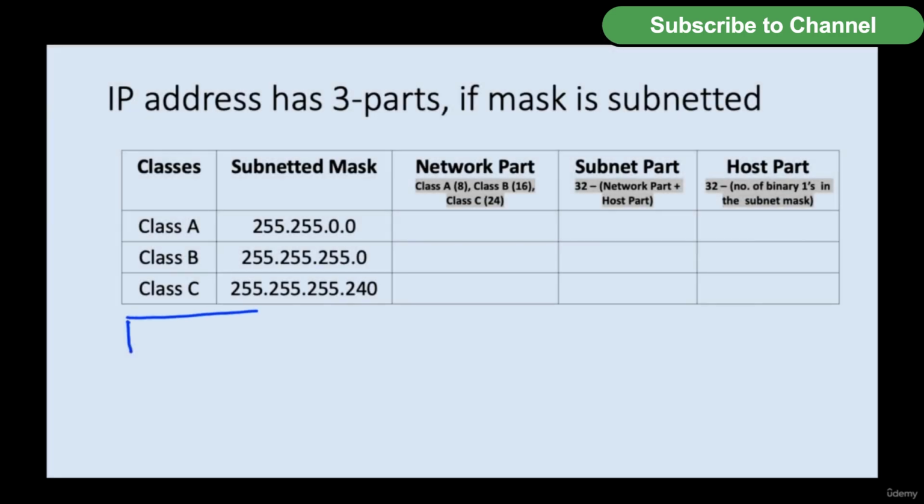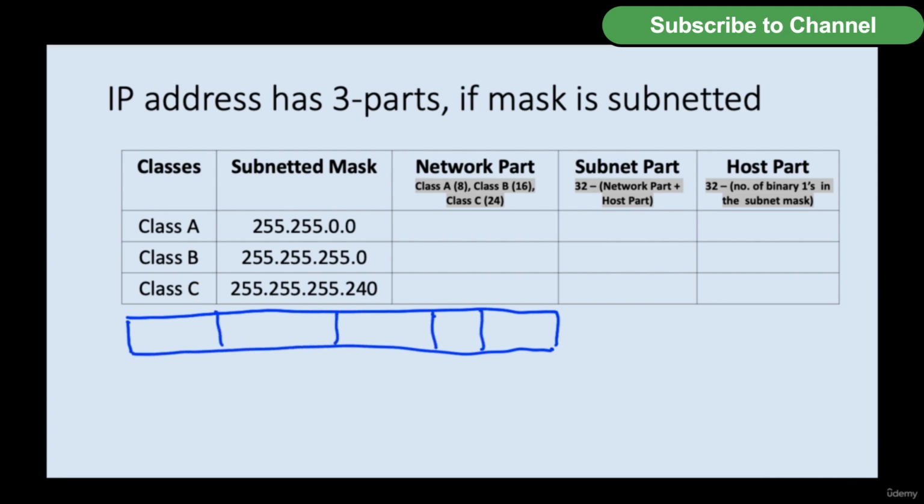So I need to convert 240 into its binary equivalent, an 8-bit number. So it starts from 1 and each subsequent cell is double the previous: 2, then 4, then 8, 16, 32, 64 and 128. Okay, to make 240 I should turn on this bit, this bit, this bit and this bit.